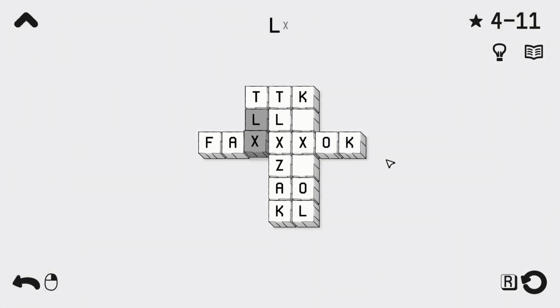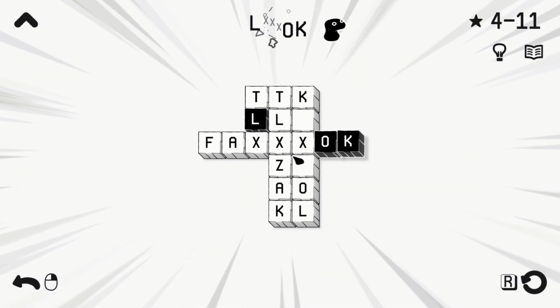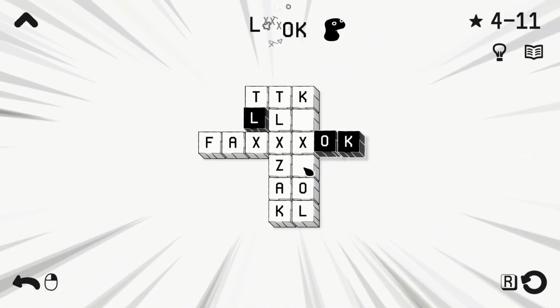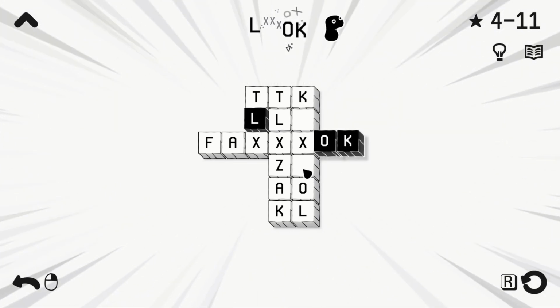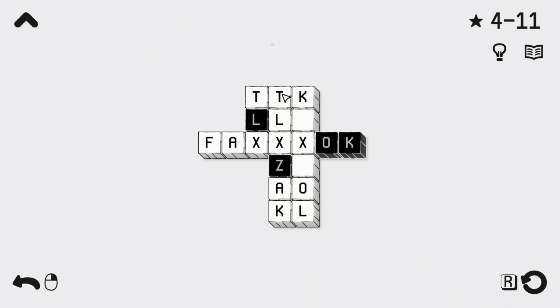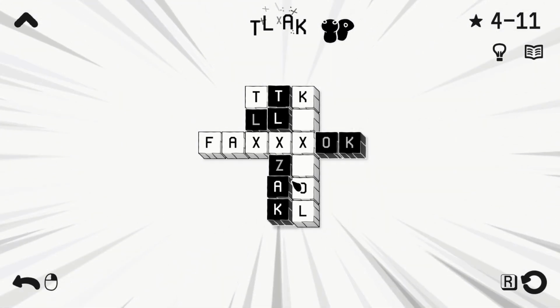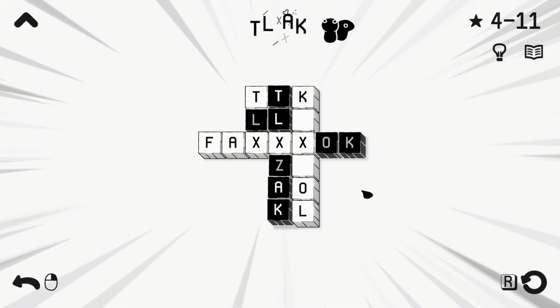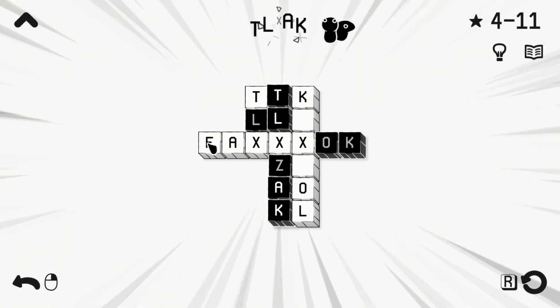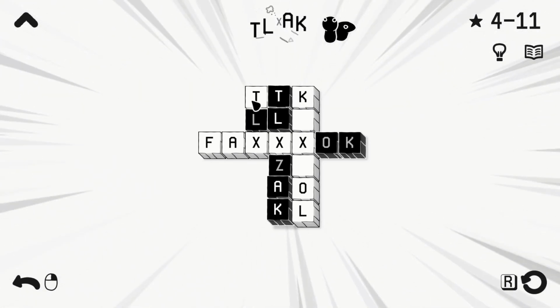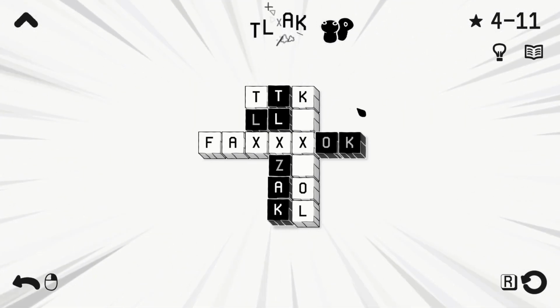How about this side? If I did lock here and then took this one, I've tried a bunch of times, but am I thinking about this the wrong way? No, because I can't invent letters now.